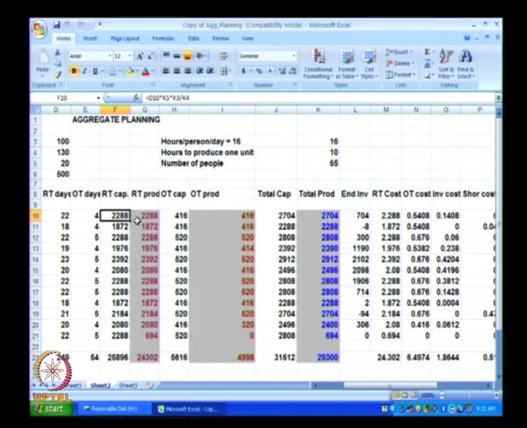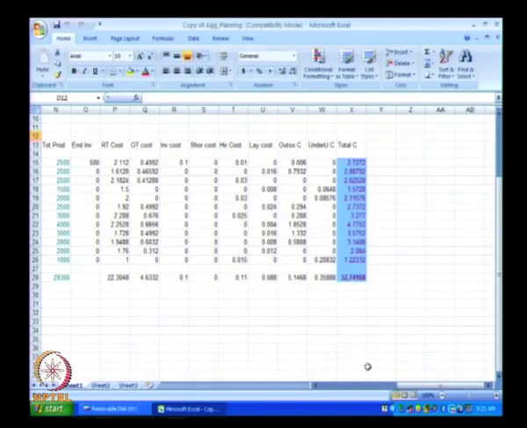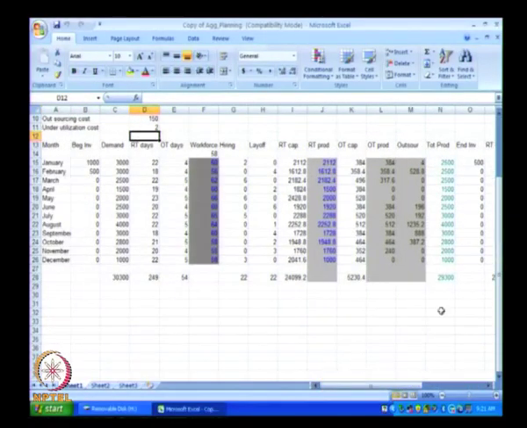The question is, is it going to be 104 per day right through the planning period, or can we increase or decrease that 104 by varying the number of people at our disposal? So we try to answer all these questions using another spreadsheet and by considering additional costs and also by considering varying manpower. That we try and show in the other spreadsheet, which is like this.